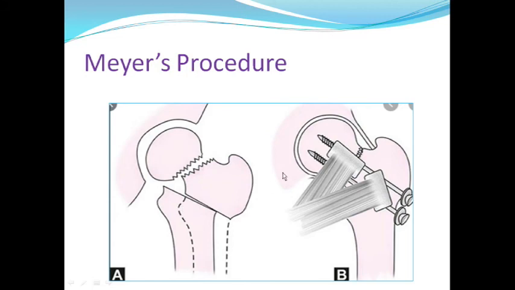Now what we'll do is give additional support. We divide a flap of muscle. This is the quadratus femoris muscle, and we attach it here. It will form a scaffolding, you can say, or a support.